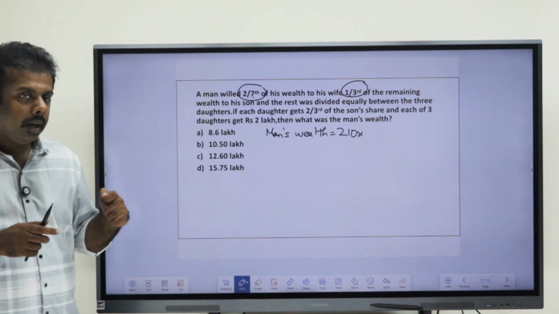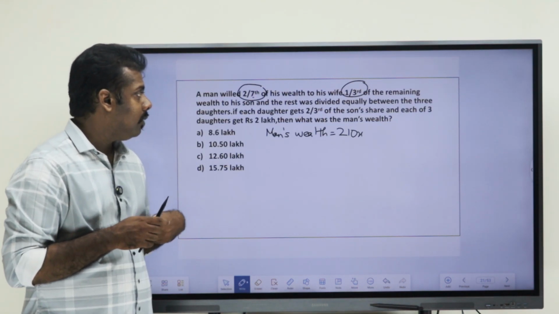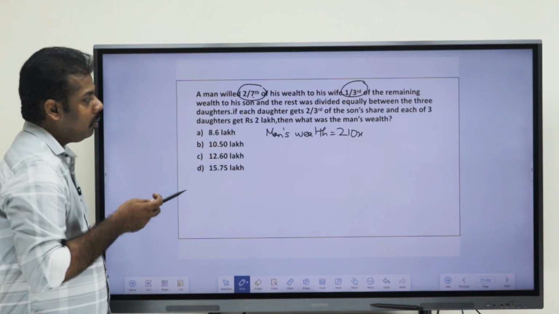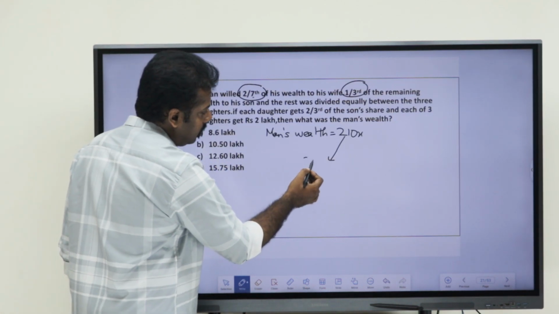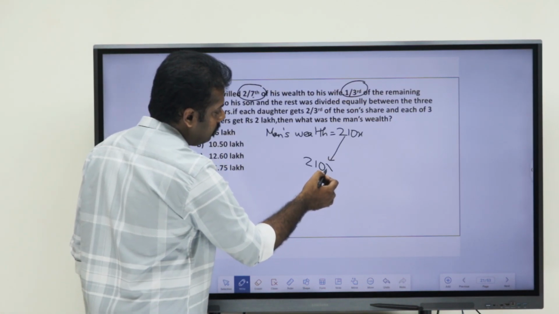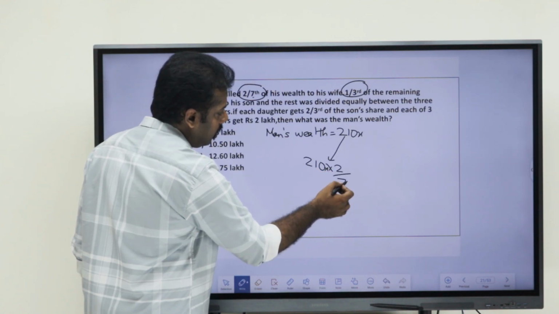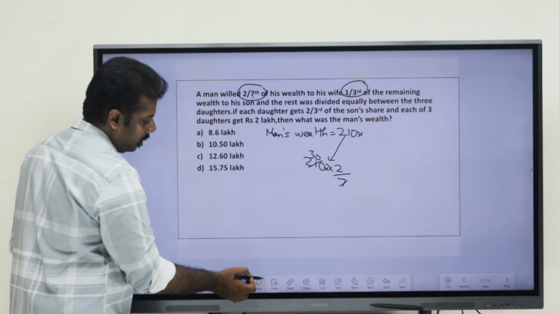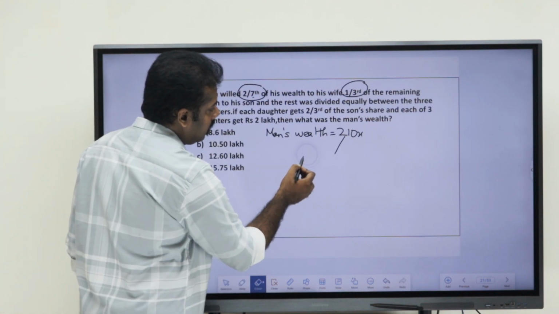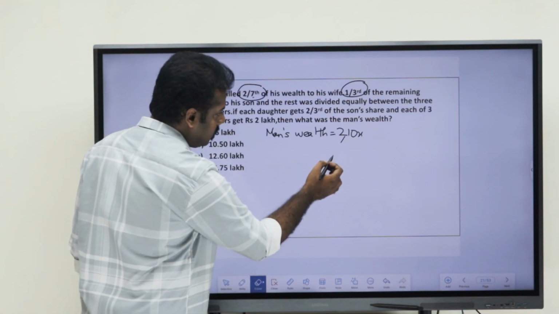Okay. Now what conditions have they given? He has given 2/7 of his wealth to his wife. So what is 2/7 of 210x? If you do it, 2/7 of 210x is going to give us 60x.